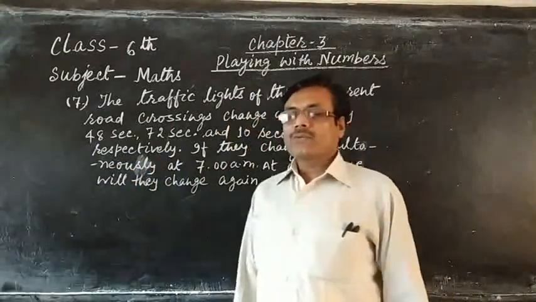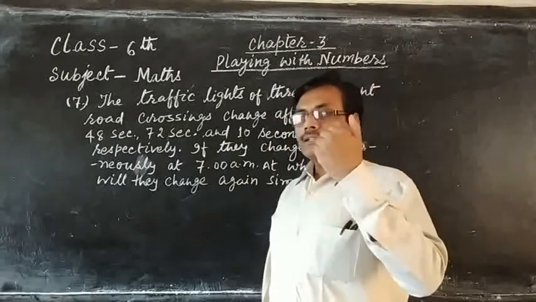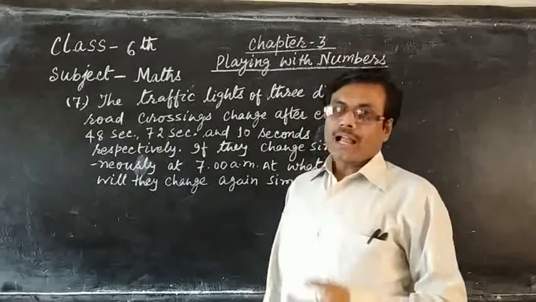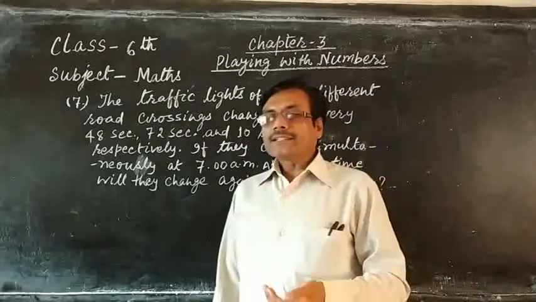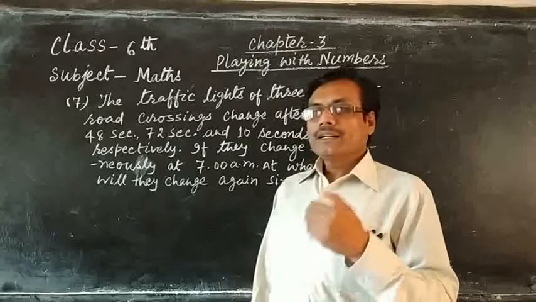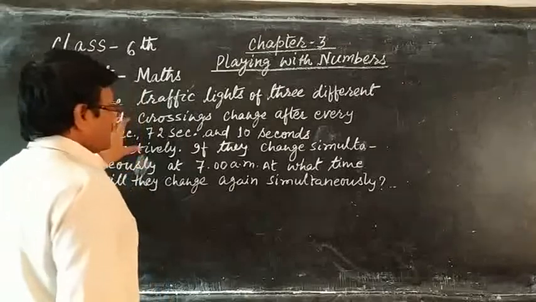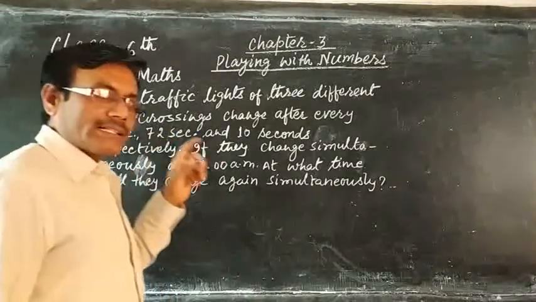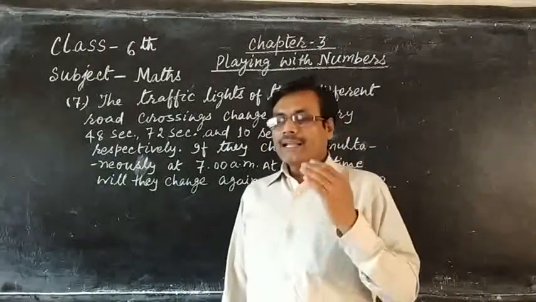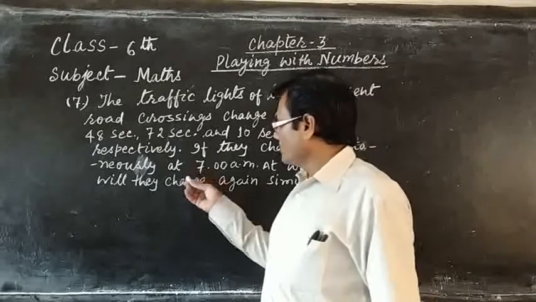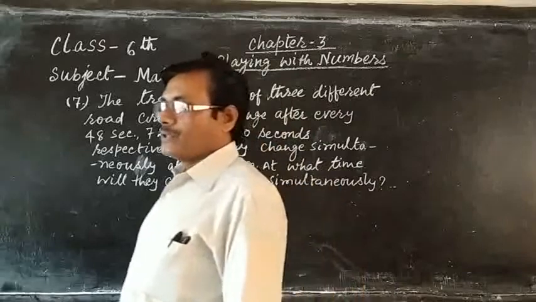One time comes when all three lights switch on together, and this interval is repeated at the same time interval. So to find the answer, first of all we have to get the LCM of the given times, and the LCM will be added to the first timing. This will be your answer.